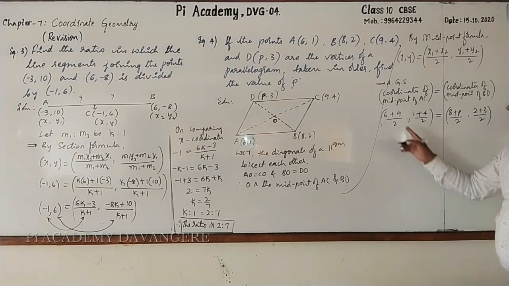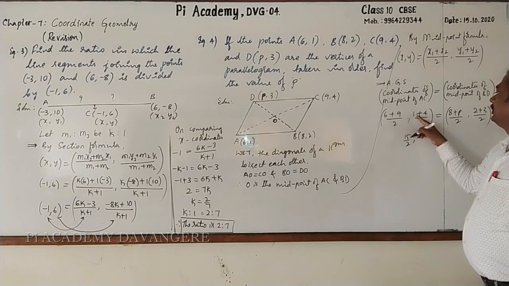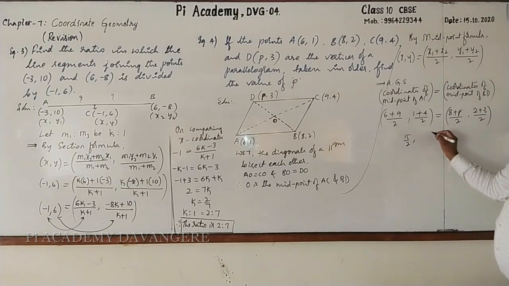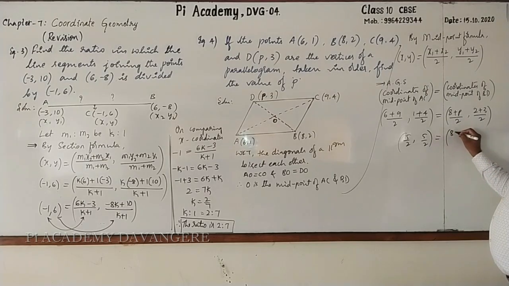Got it? Yes, simplify. 9 plus 6 is 15, 15 by 2. Then 4 plus 1 is 5, 5 by 2, is equal to (8 plus P) by 2, and 2 plus 3 is 5, 5 by 2.